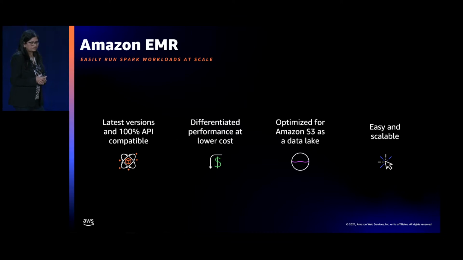So EMR gives you the best performance at the lowest cost. And we enable this because we are able to offer customers an ability to run your EMR workloads on Spark instances. On top of that, we have worked on the enhancements to the runtime environment, which resulted in the performance that is 2 times faster than the open source.